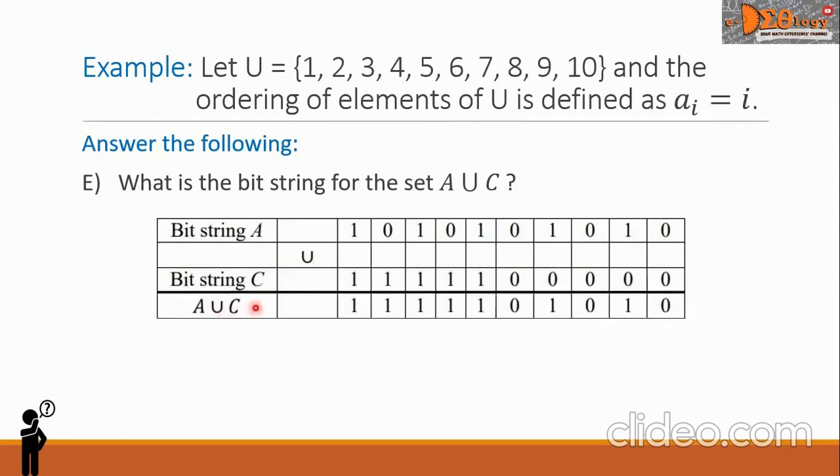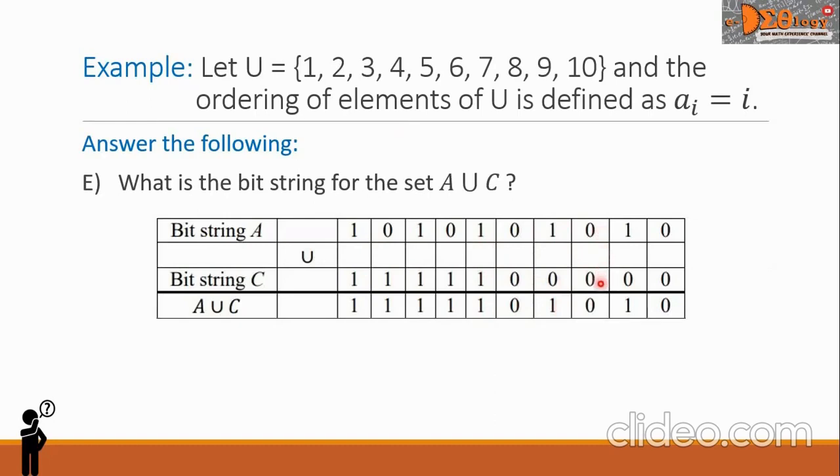For A union C, we have 1 union 1 is 1. 0 union 1 is 1. 1 union 1 is 1. 0 union 1 is 1. 1 union 1 is 1. 0 union 0 is 0. 1 union 0 is 1.